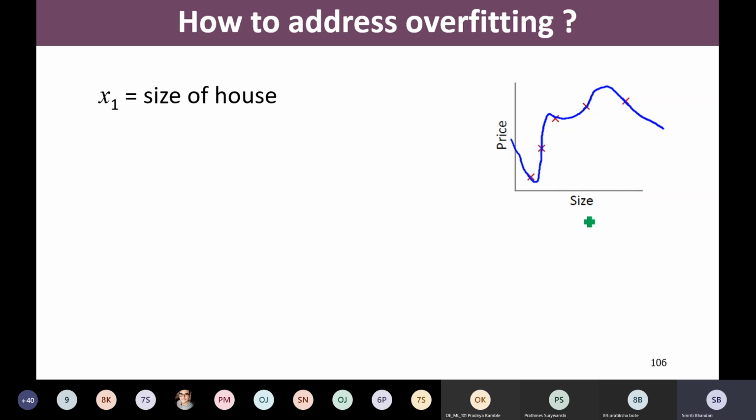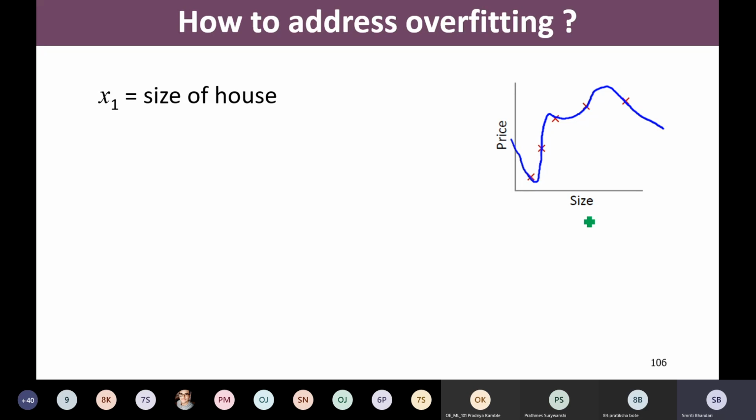Usually, you may have a question in mind: how should we come up with a good hypothesis? Whether it should be linear, quadratic, or a high order polynomial, what should the hypothesis be? Usually what happens is, I have stated this earlier also, but once again I am quoting this.